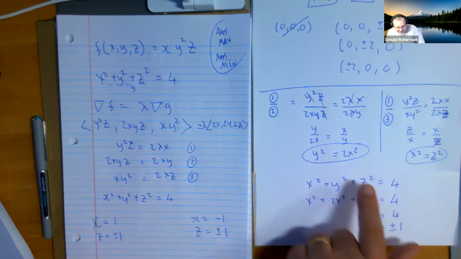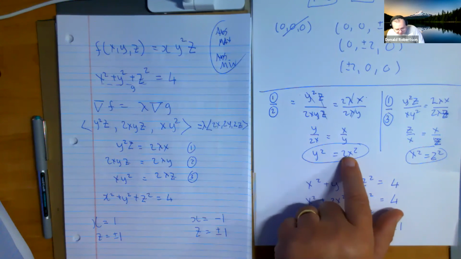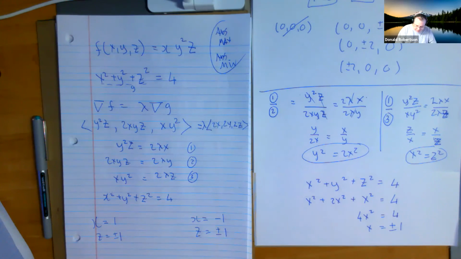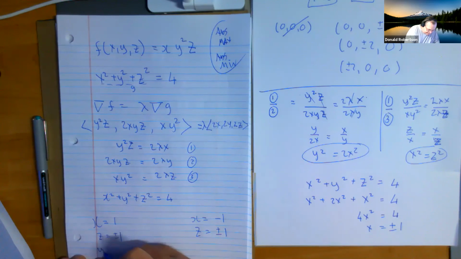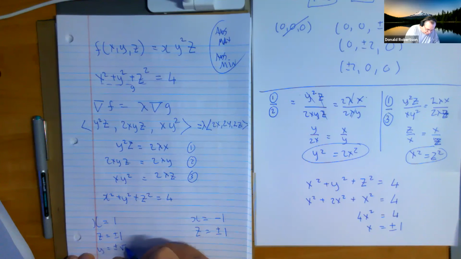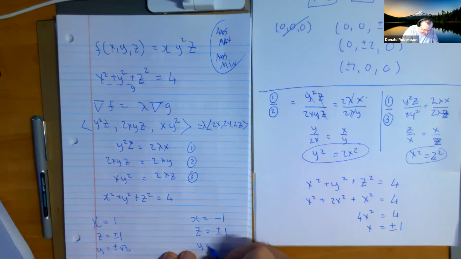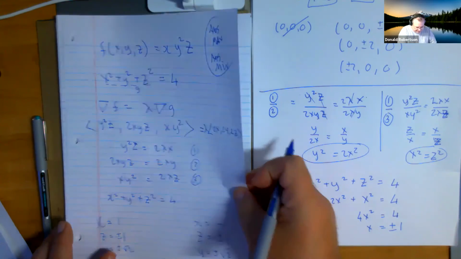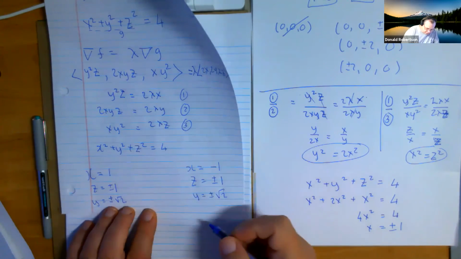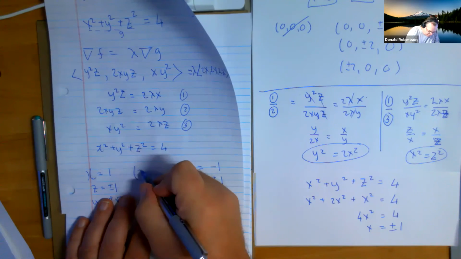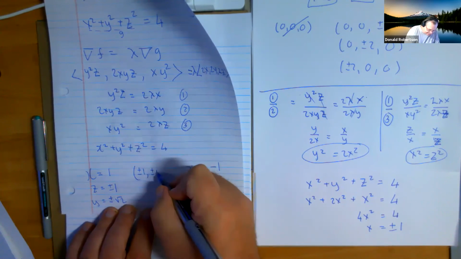If you plug x equals 1 in here, y squared becomes 2. So what you get here is plus or minus root 2. I'm going to try and summarize what's happening here.